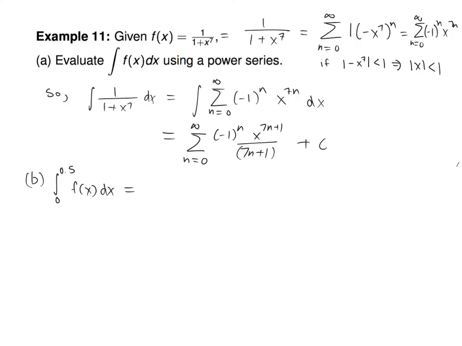With definite integrals, does the plus c matter? Nope. That goes away, right? So what I have is this big old sum thing, which is my antiderivative. So x to the 7n plus 1 over 7n plus 1, evaluated from 0 to 0.5.